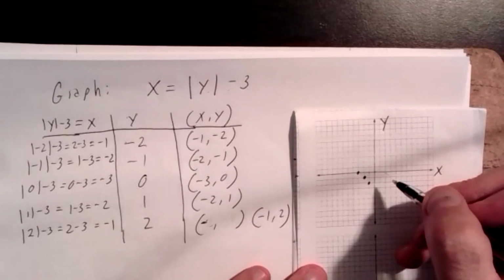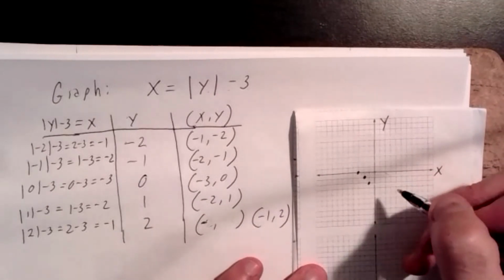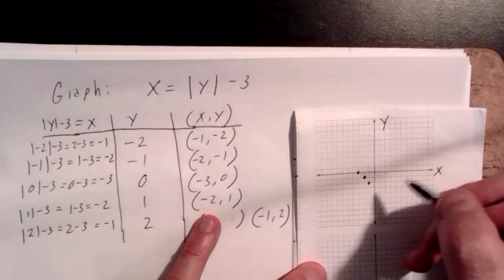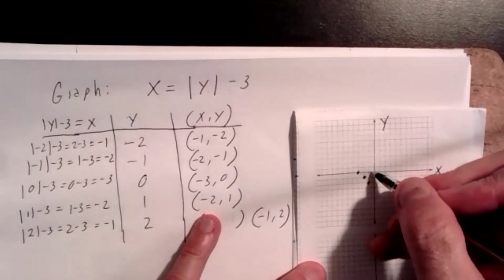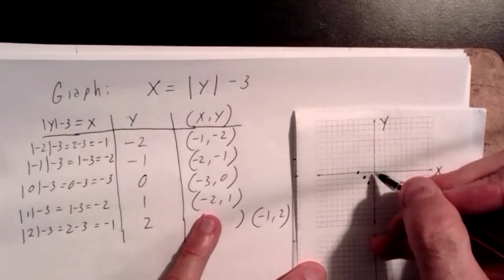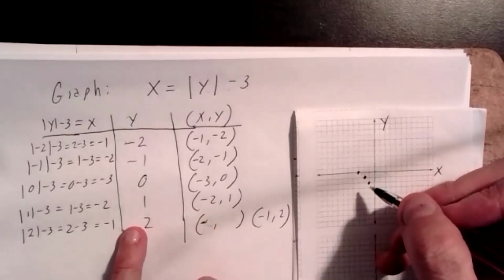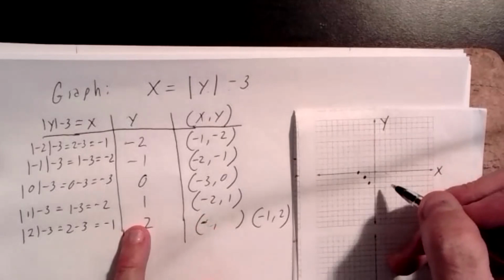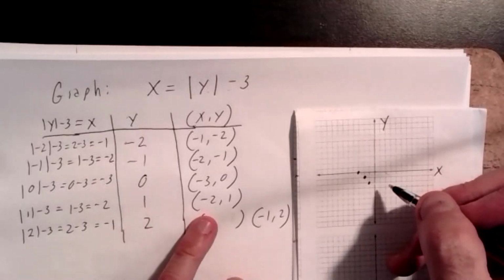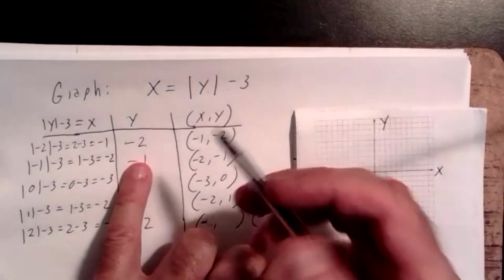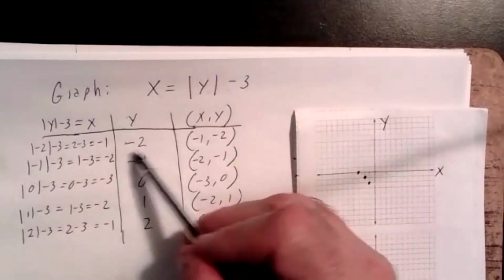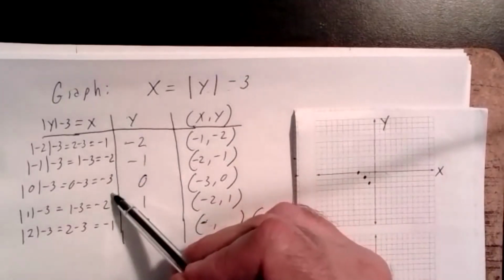Okay, hold on a second, I'm just looking at these points here. Then we want to plot -2, 1. So we start at the origin, we go 2 to the left. Let me double check these points, just make sure we got these coordinates right.